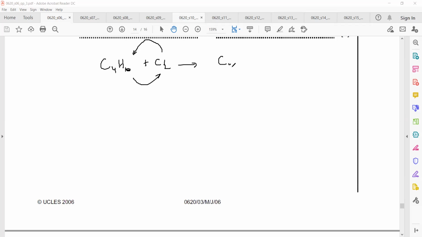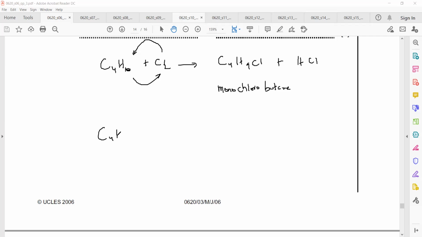So the product will be C4H9Cl plus HCl. Because this is a chain reaction, this will continue. This product contains one chlorine, so we call that mono. Mono means one. Monochloro, and with 4 carbon and a single bond, it is butane. So monochlorobutane is one product which contains 4 carbon atoms.